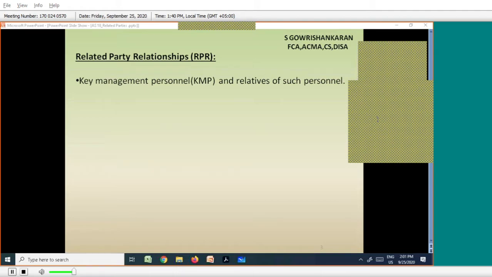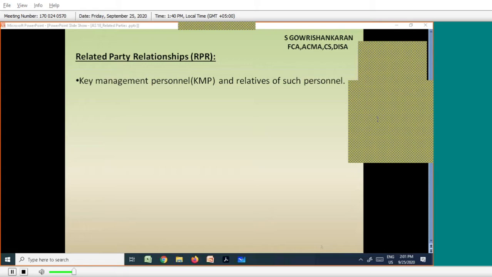I hope you have studied the Companies Act: additional director, independent director, executive, non-executive. There are more than 10 types of directors. Do you think all those directors are KMP for the company? Do you think all these directors have control over the company?